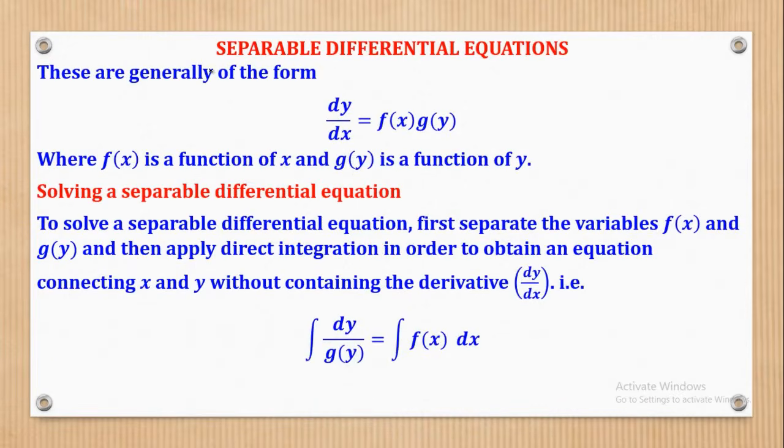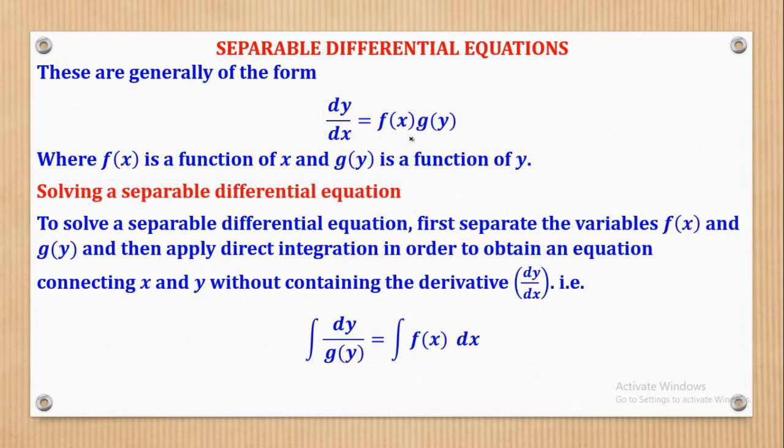Now let's start with the first part, which is separable differential equations. So these ones are generally in the form dy dx equal to a function of x multiplied by a function of y. Note that this is a multiplication sign. If it is plus or minus, then it is no longer separable.